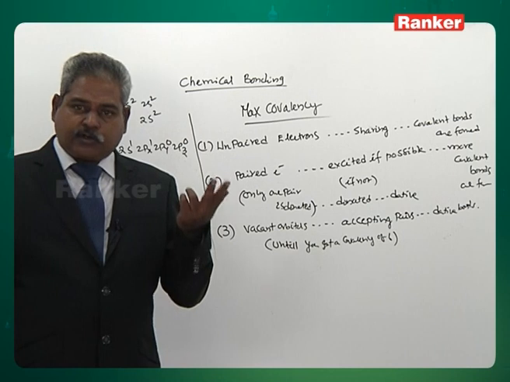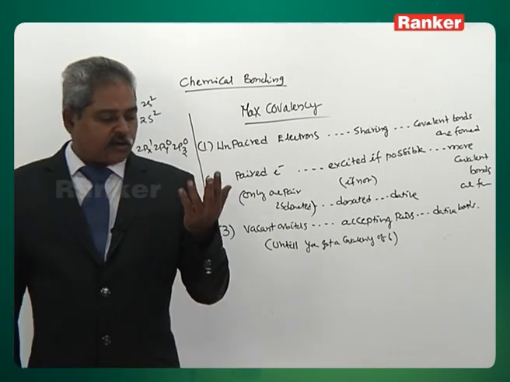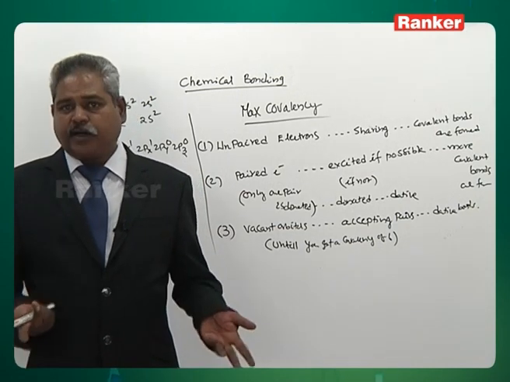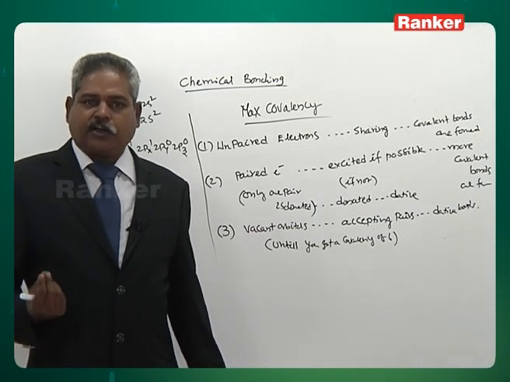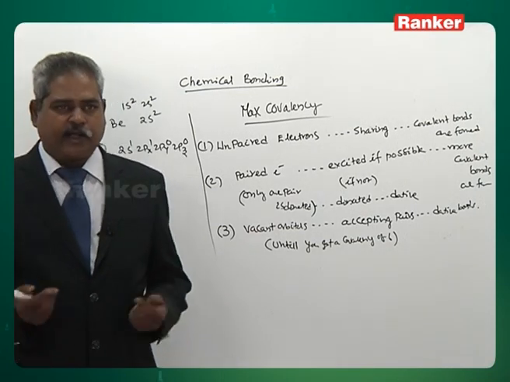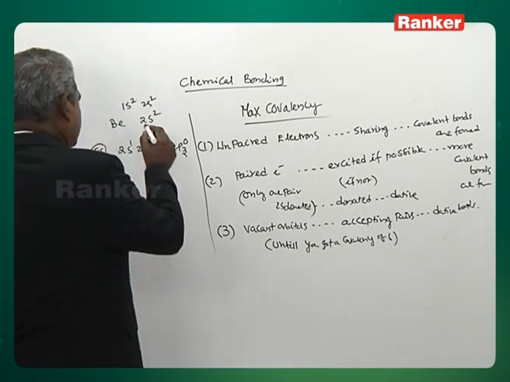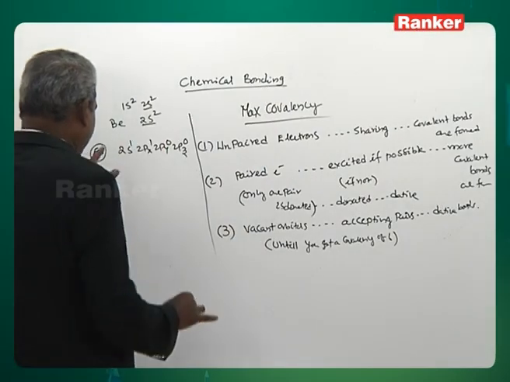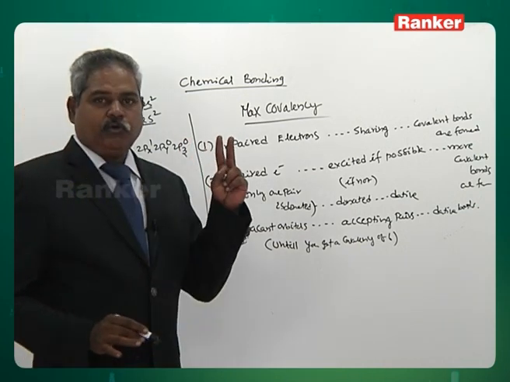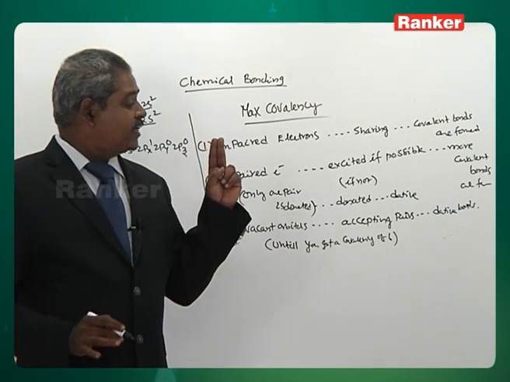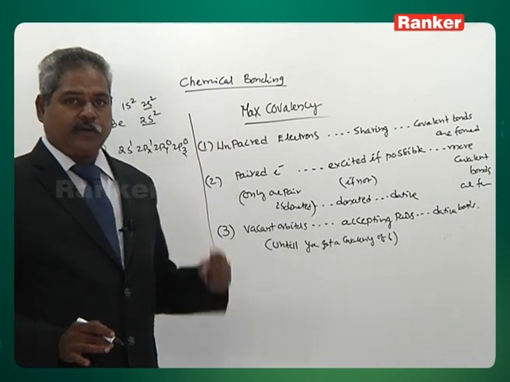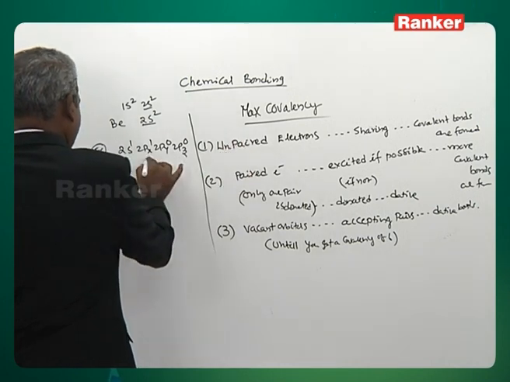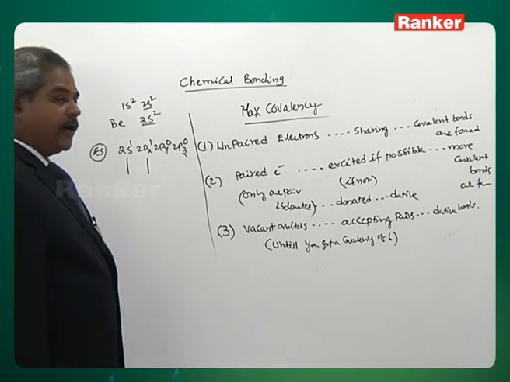The octet rule is okay, but if it is not possible to get an octet, one can be satisfied with whatever one gets. Beryllium has only 2 electrons in the valence shell, and the pair becomes unpaired only after excitation, after giving energy to break the pair. Now apply this: unpaired electrons are used in sharing.